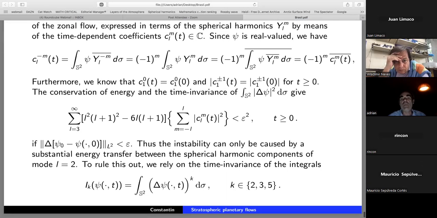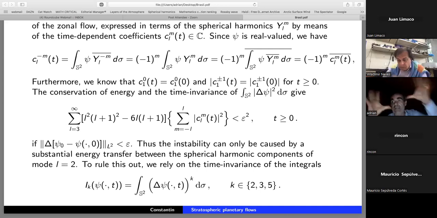And then the way we can prove stability is we look at these conservation laws, 2, 3. So this is this Casimir. It's this modified vorticity, and this is invariant in time. So this gives you polynomials of degree 2, 3, and 5.